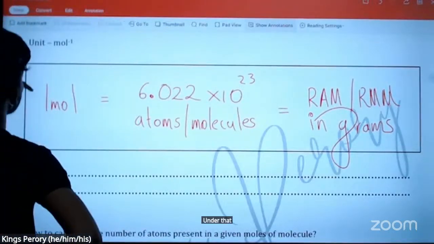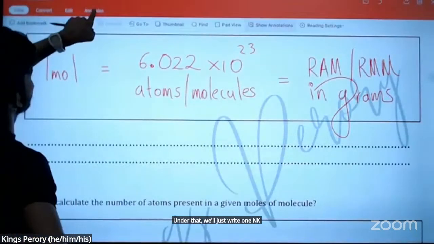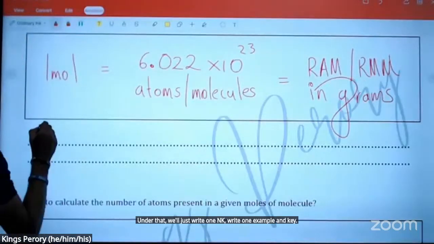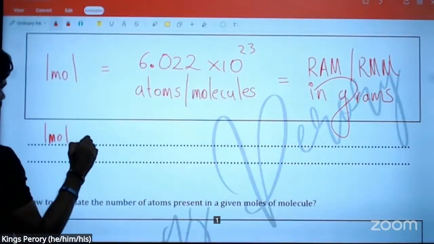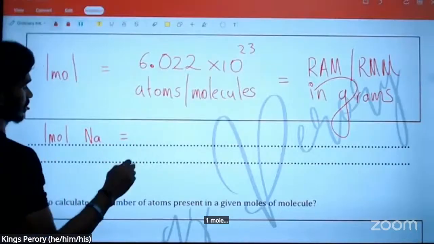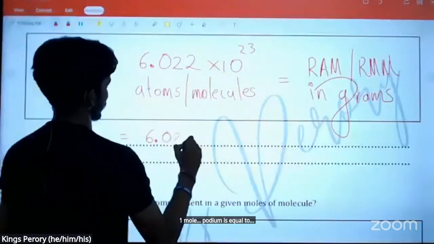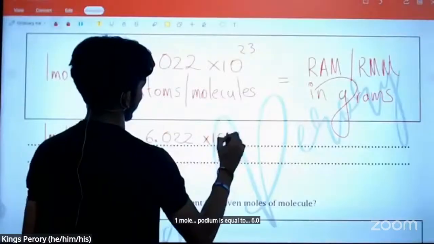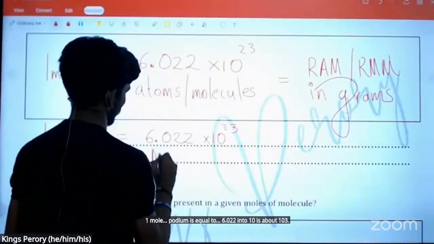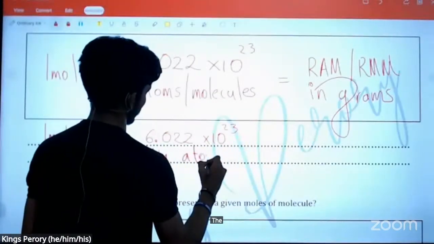Under that, we'll write one example and keep. 1 mole of sodium is equal to 6.022 into 10 to the power 23 sodium atoms.